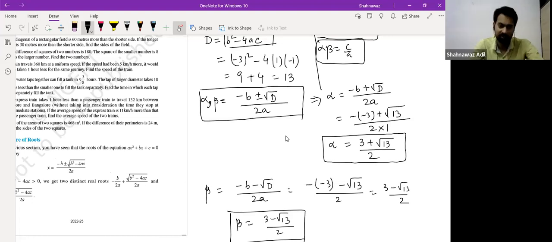So in Madiha's school, they have just started this fourth chapter. And what about you guys? Did they finish this fourth chapter?